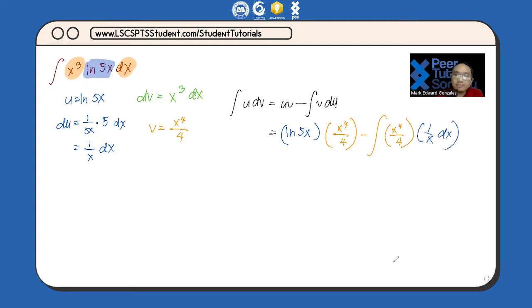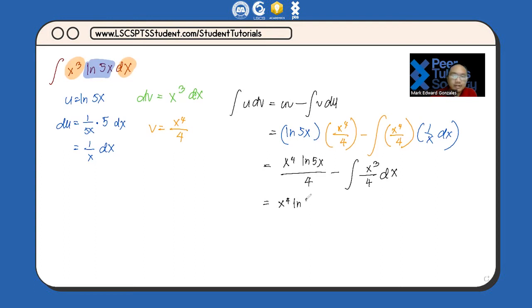We perform algebraic simplification. This is equal to x raised to 4 ln 5x all over 4 minus the integral. Cancel. We'll just be left with x cubed over 4 dx.